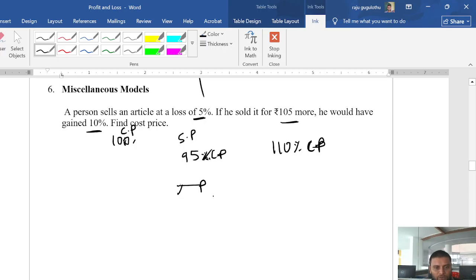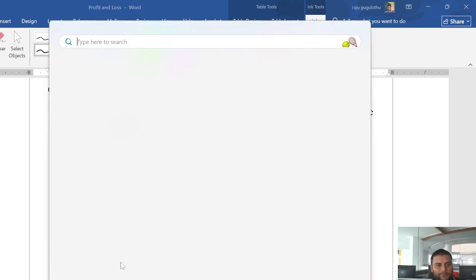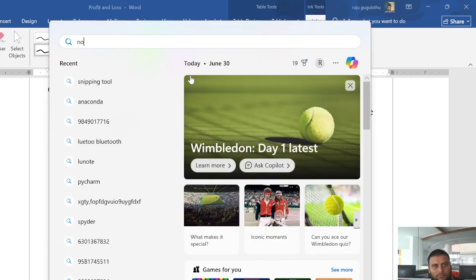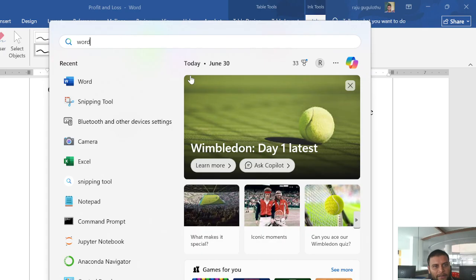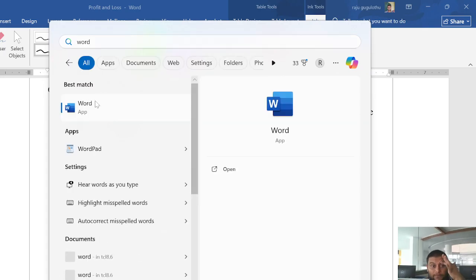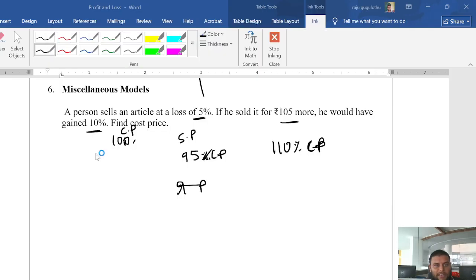Let us try to note this in a notepad to see whether we have this lag over there or not. With a simple WordPad, we are facing a lag here.